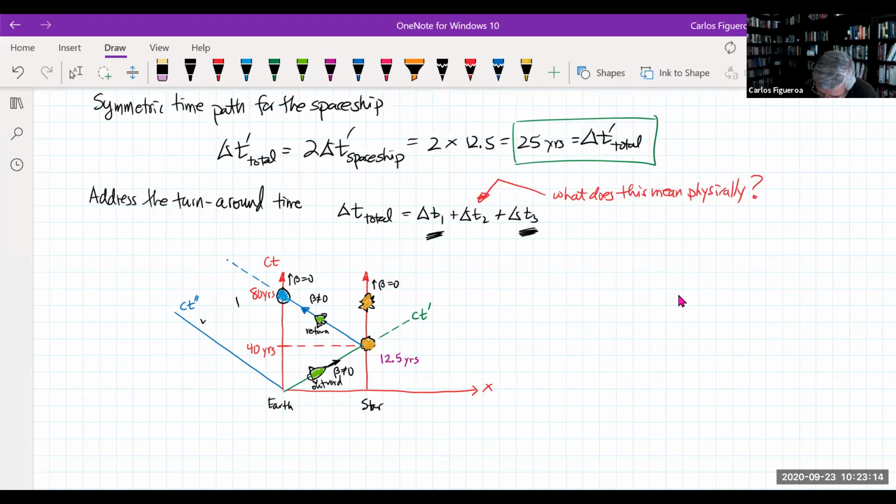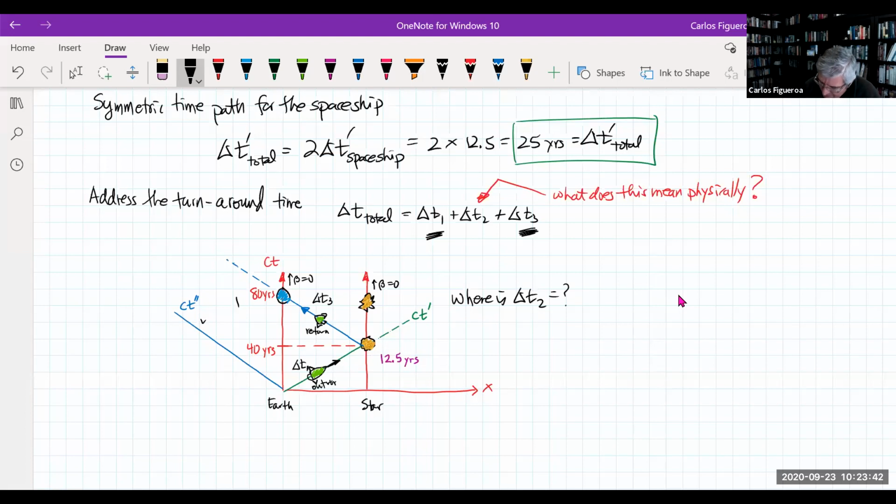So the question is, we've said already that what this really means right here is that this is T1. Up here, if I take this piece off here, this is T3. So the question is, where is this time T2 at?